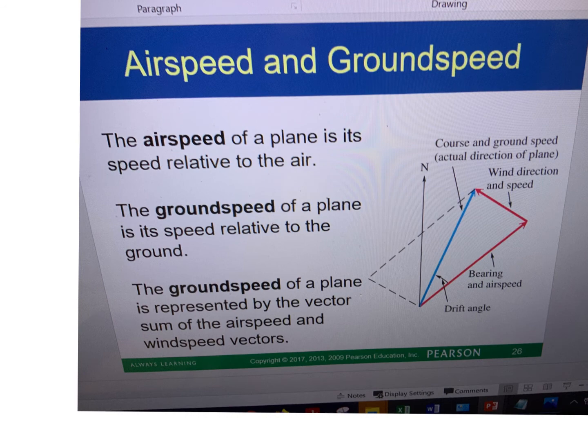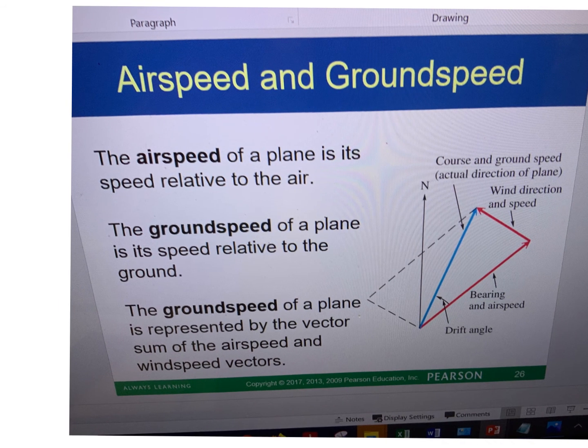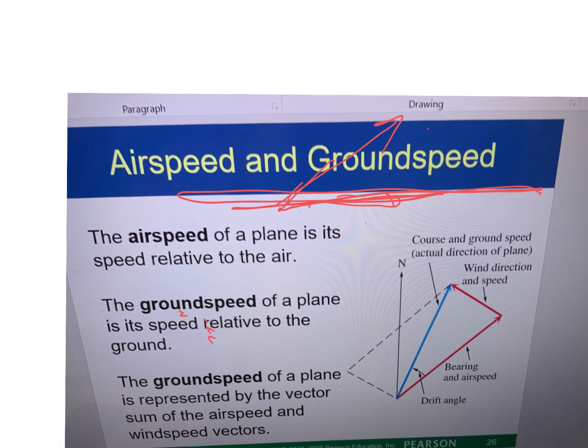I put this slide in here because I saw it in a PowerPoint, but I didn't see it defined very well. Airspeed of a plane is how fast it is going in the air. It's relative to the air, but ground speed is relative to the ground. So you can see that a plane could be flying like that, so it has an airspeed, but ground speed applies straight across flat on the ground, no matter how fast the plane is going up that way.